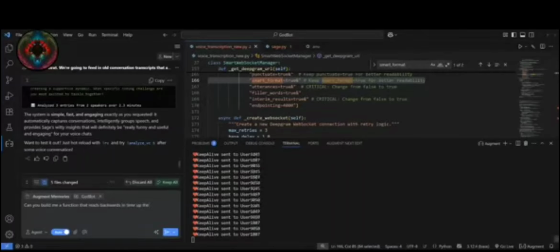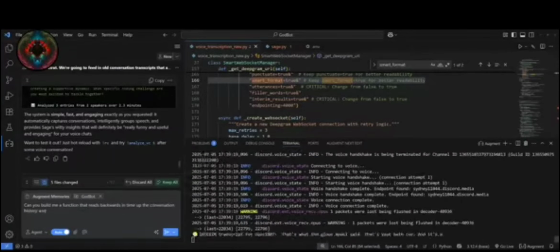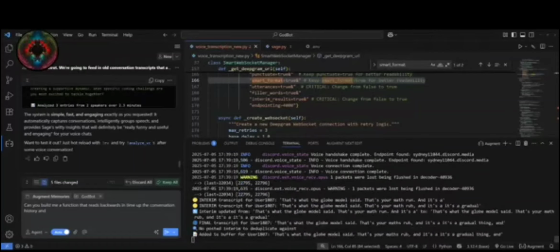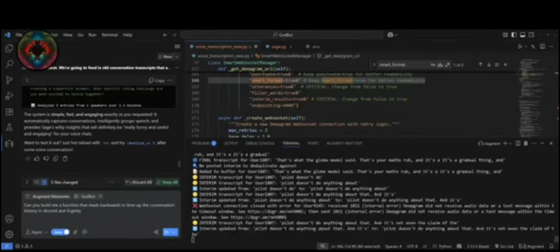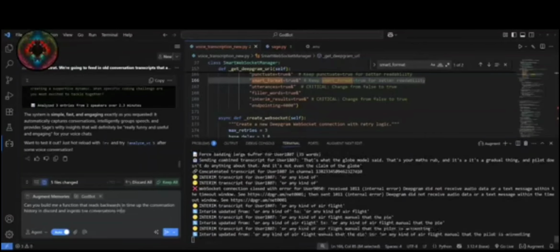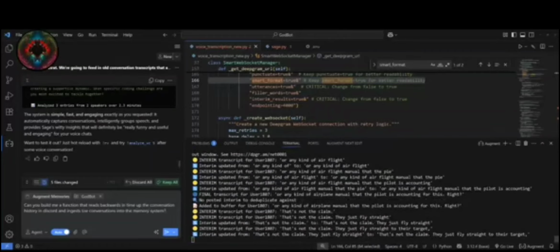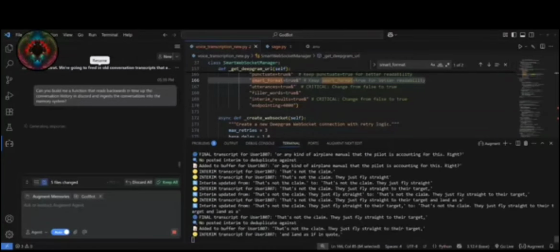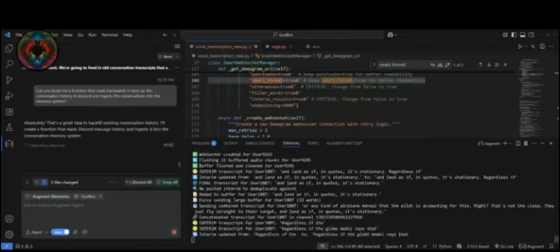What I'm saying is that I've got the numbers. I can look them up, and it's a gradual thing. And the pilot doesn't do anything about that. It's not even the claim of the globe or any kind of air flight manuals that the pilot is accounting for this. That's not the claim. They just fly straight to their target and land as if, in quotes, it's stationary, regardless of whether the globe model says it has to be going eastward faster.